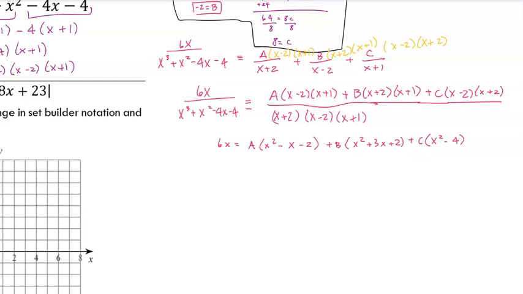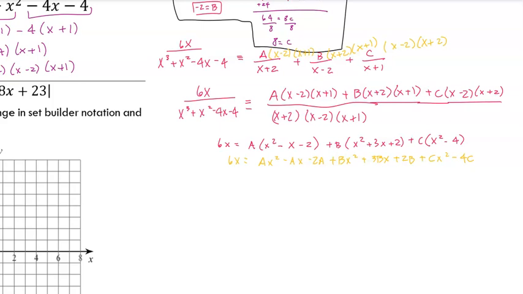I created a monster. I have ax squared minus ax minus 2a plus bx squared plus 3bx plus 2b plus cx squared minus 4c. Okay? This is going to all equal x squared.